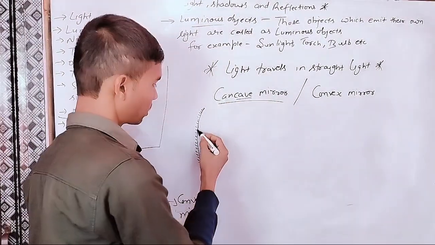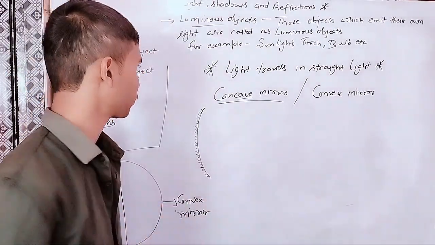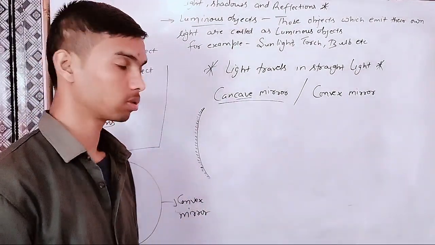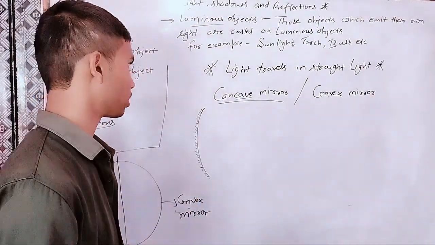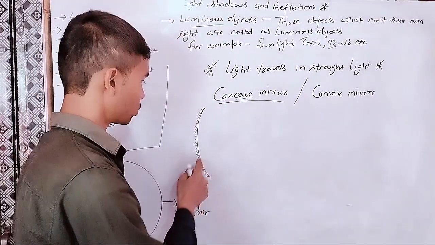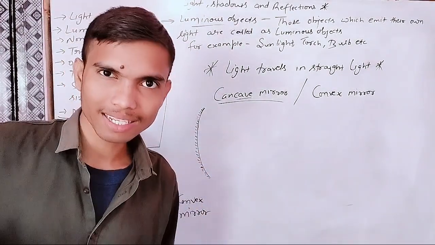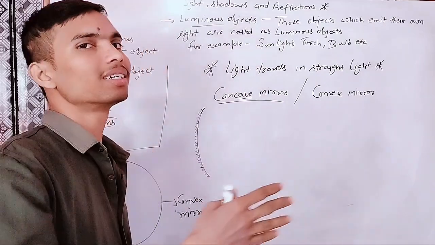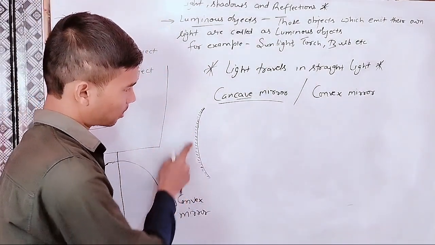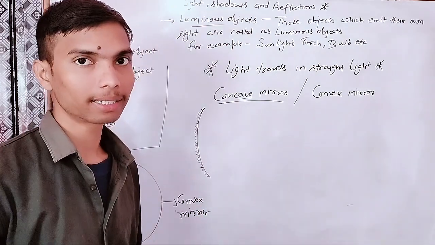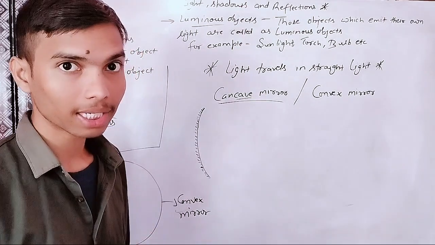Concave means inward surface, like the shape of a cave. So here we are looking at what this area looks like. This is an inward area. You are looking like this because it is the painted area behind a spherical mirror, behind the concave mirror.